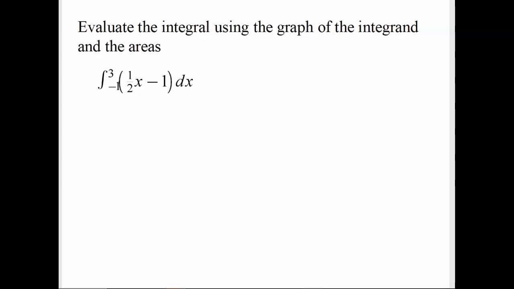Okay? Once again, we have -1 to +3. My y-intercept is -1. My slope is up 1 and over 2.